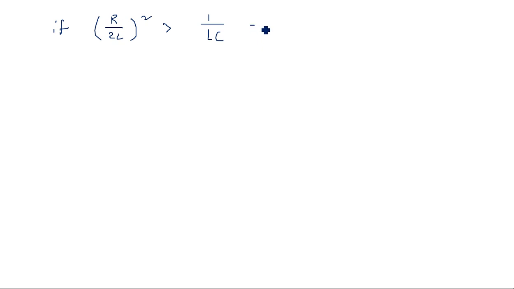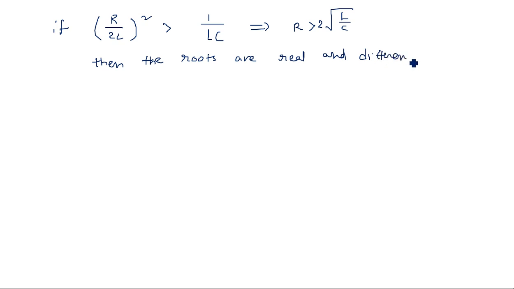That leads to R greater than root L by C multiplied by 2. R should be greater than 2 times root L by C. Then the roots are real and we will be having different roots. The roots are real and different.